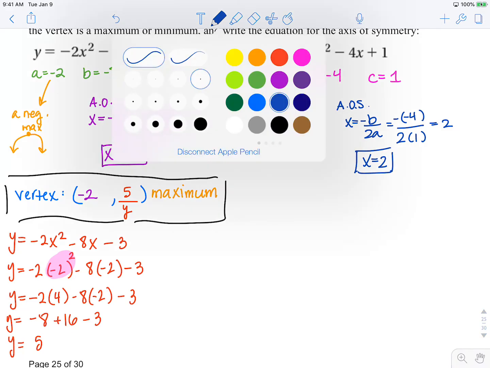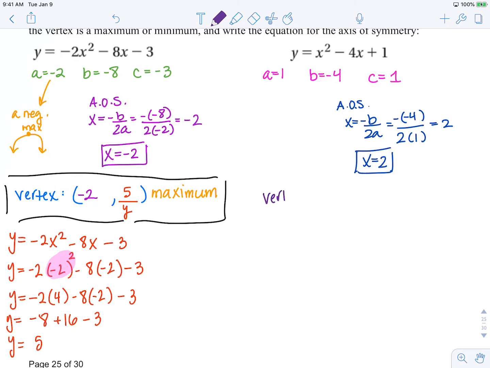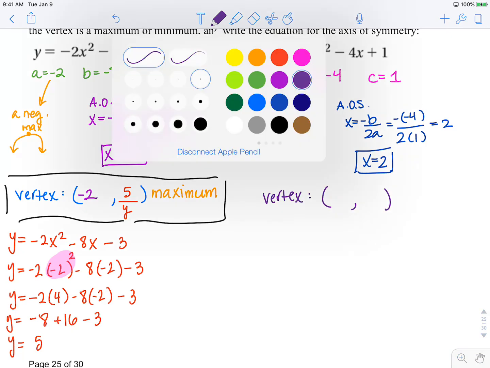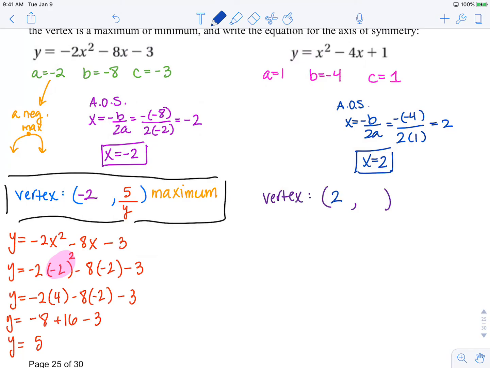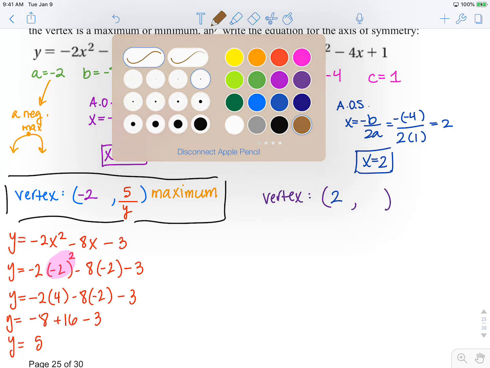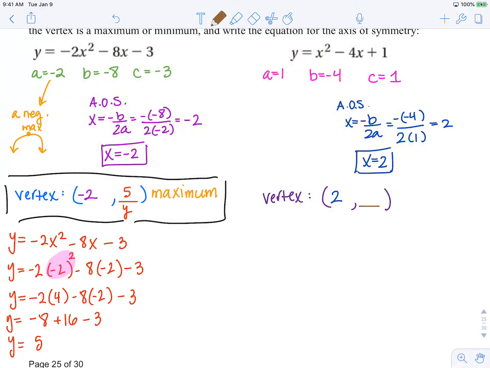Now moving over to the vertex again, we know that the vertex is going to be a point, and that x value is the same x value from our axis of symmetry. Now we're trying to figure out the y value, the output, for that input x value. We know y equals 2 squared minus 4 times 2 plus 1.